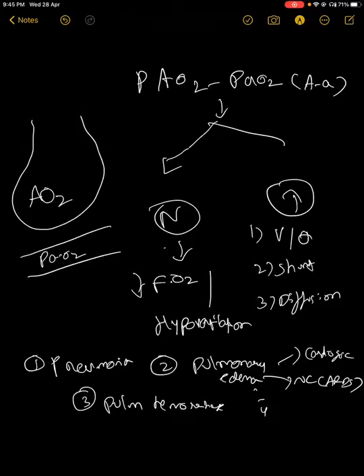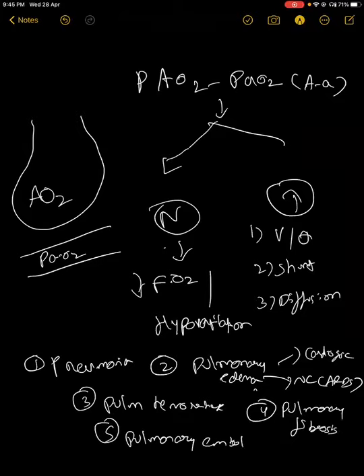Pulmonary embolism, as I told, will cause VQ mismatch by decreasing the perfusion. And there could be fibrosing alveolitis. There is actually a difference between pulmonary fibrosis and fibrosing alveolitis, but it is out of scope of today's discussion. These are about 98% of the causes of type 1 respiratory failure.